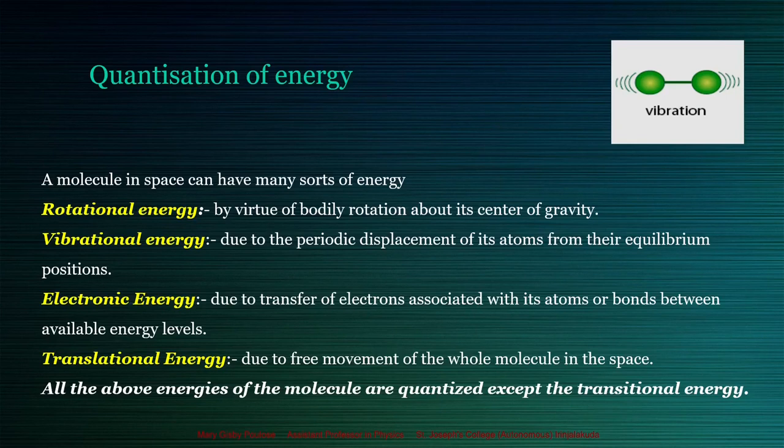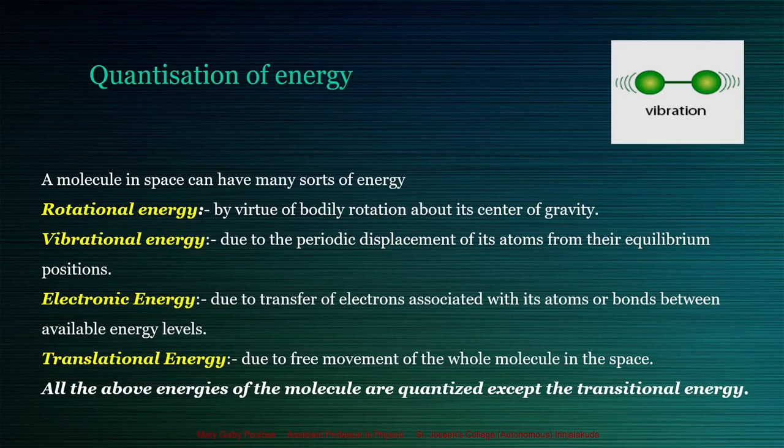Now, molecules can also take up electronic energy, that is, the electrons surrounding the nucleus in an atom. The electrons can jump between different shells, from the K shell to the L shell.